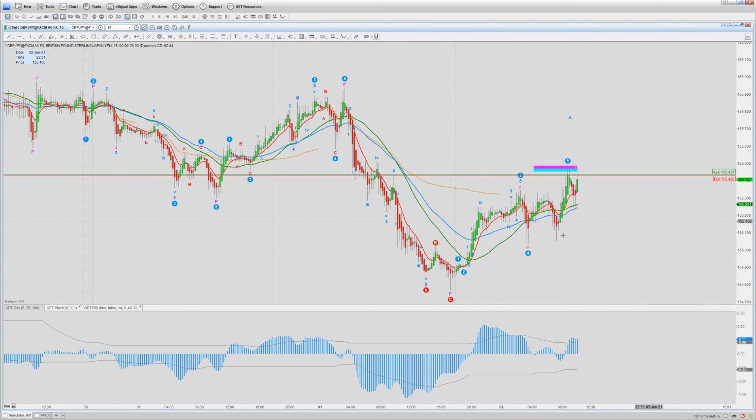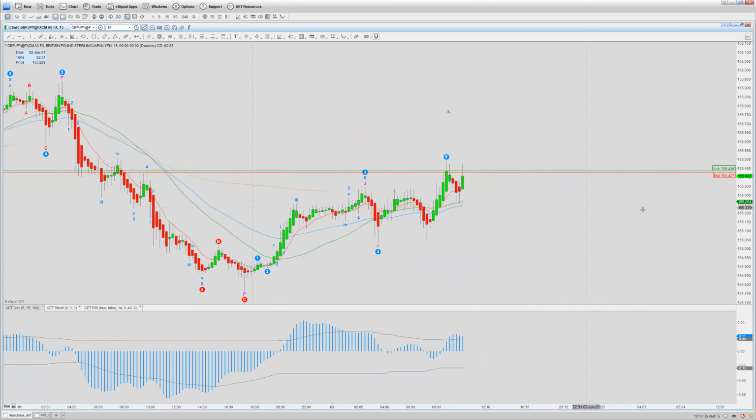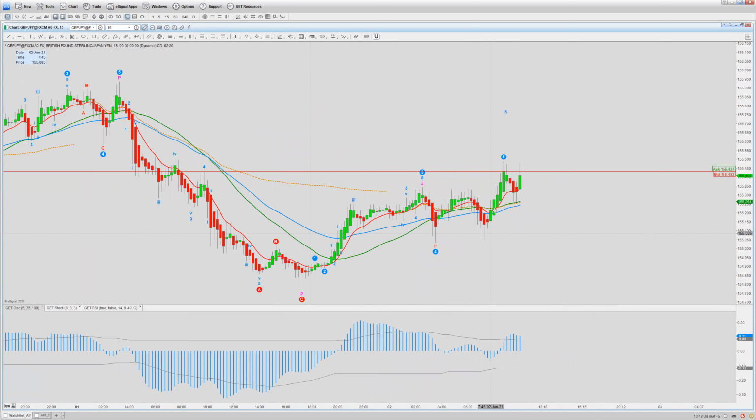So at the end of 4, there's an opportunity, but if we're using these moving averages for simplicity's sake, they twisted together.